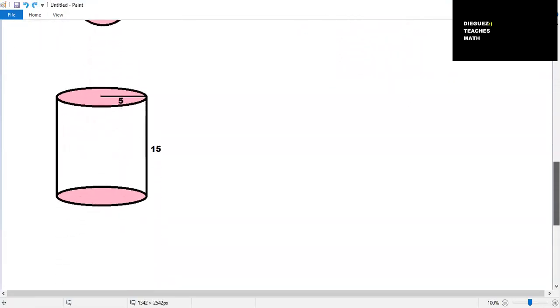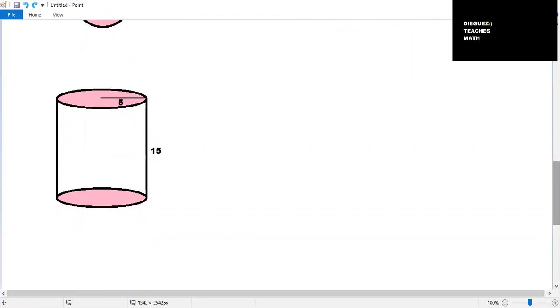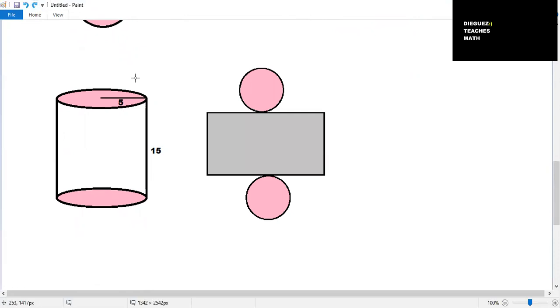What I'm going to do is go over an example, and I'm not going to use the formula. I'm going to use the net instead. So I know that the height of the cylinder is 15 and the radius is 5. The first thing I want to do is figure out the area of just one circle, because both of these are the same, so I don't need to do the work for the other one.